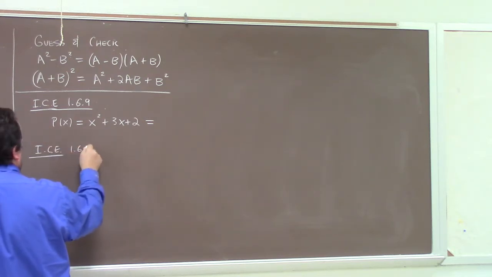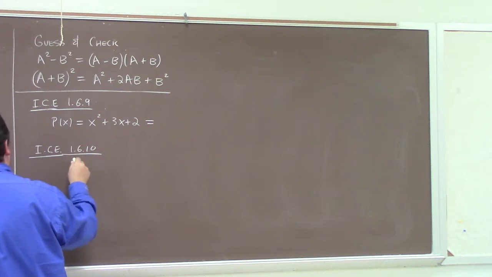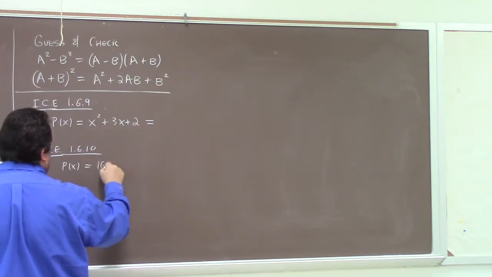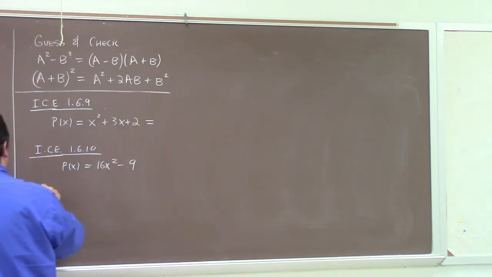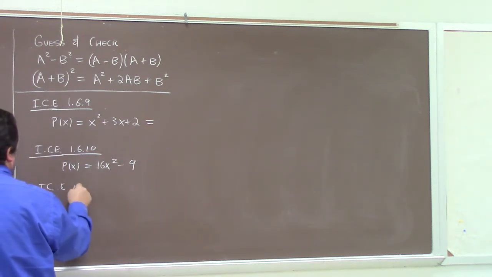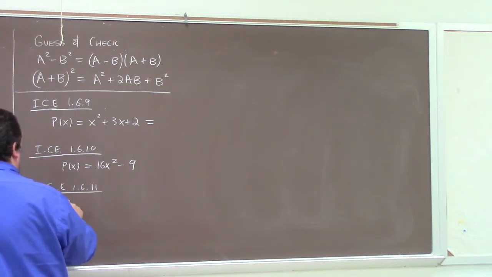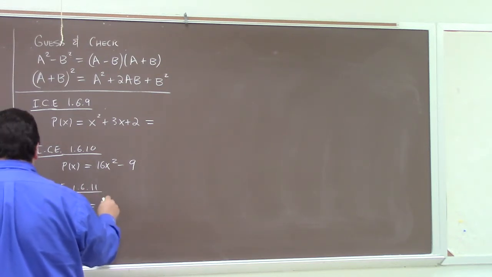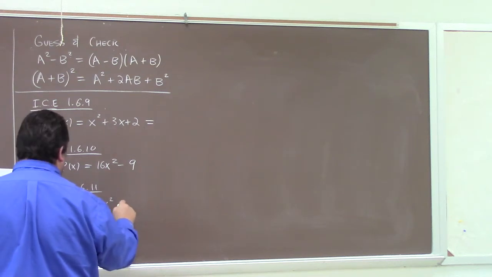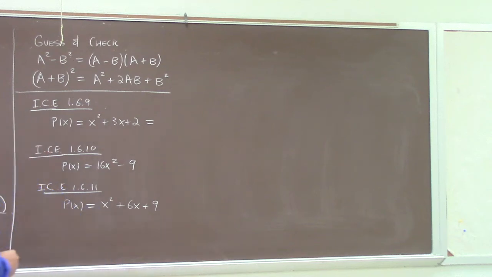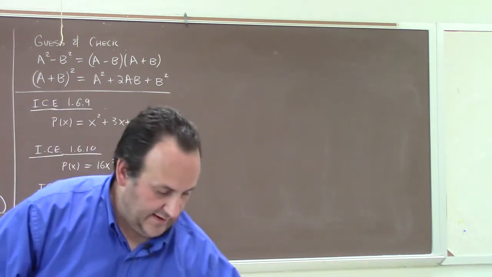In class example 1.6.10, I have p of x equal to 16x squared minus 9. And in class example 1.6.11, I have p of x equal to x squared plus 6x plus 9. So all three of these, we don't need completing the square. We can use basic guess and check factoring, right?